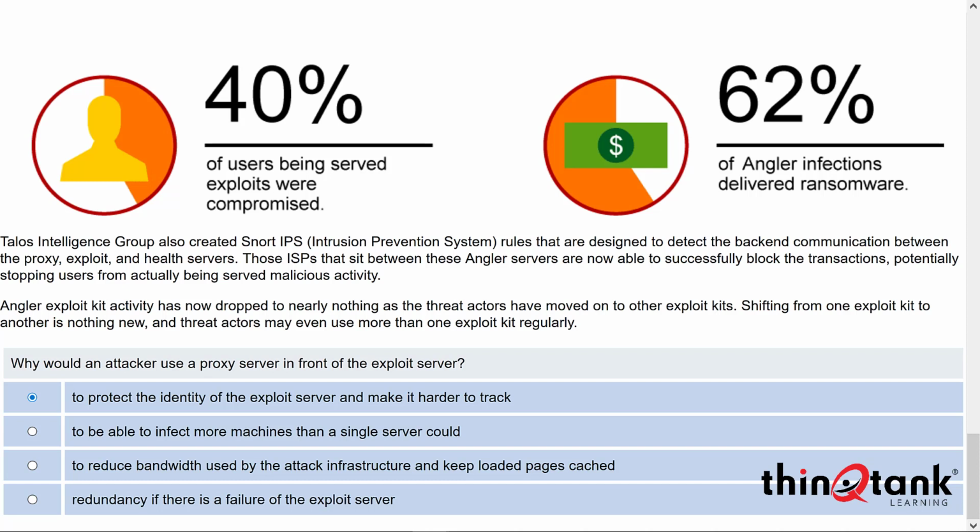To reduce bandwidth used by the attack infrastructure? No, that would be load balancers and whatnot. Redundancy if there was a failure of the exploit server? No, the way we described it is that proxies would be that front end, that system that would introduce you to where the exploits were stored, therefore protecting them.